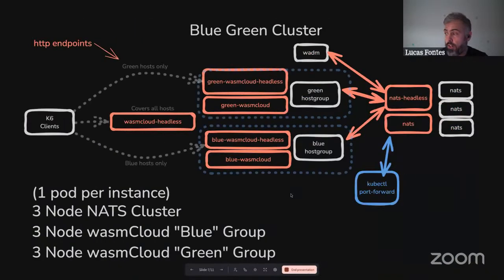And in terms of architectures, what are we even testing here? We're testing a concept of a blue and green cluster. It's a cluster where we have 3 nodes dedicated for NATS in cluster mode. And then we have a host group called the green host group and a blue host group.